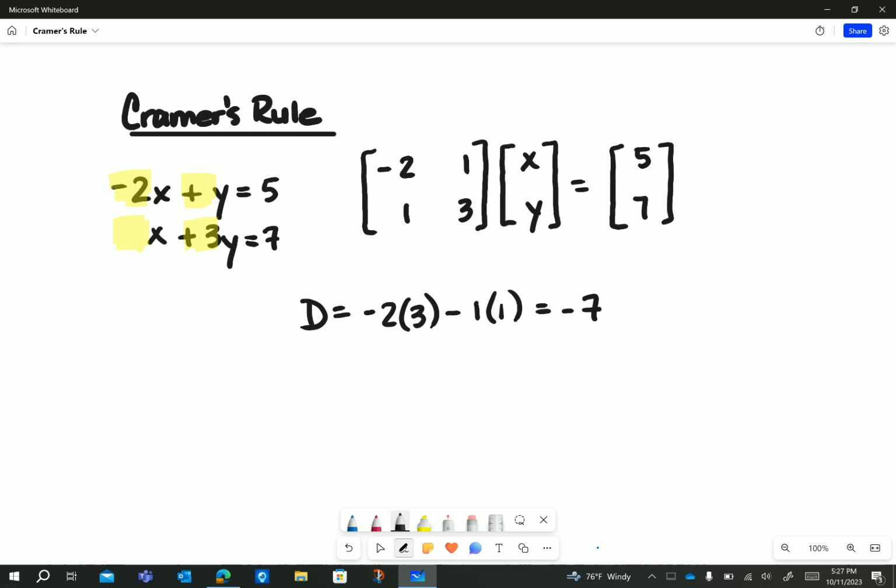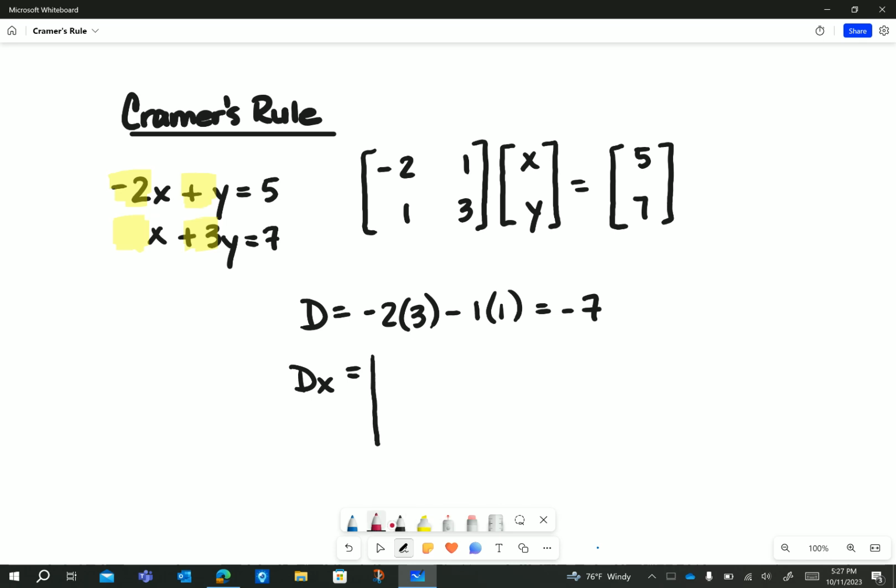Next, what you're going to do is calculate the determinant with respect to x. And what that means is that you are going to take the answer of 5 and 7, and you are going to move over here and replace this column, the -2 and the 1 column, which are the coefficients of the x's, with 5 and 7. So in essence, the determinant that you are looking for is going to look like this.